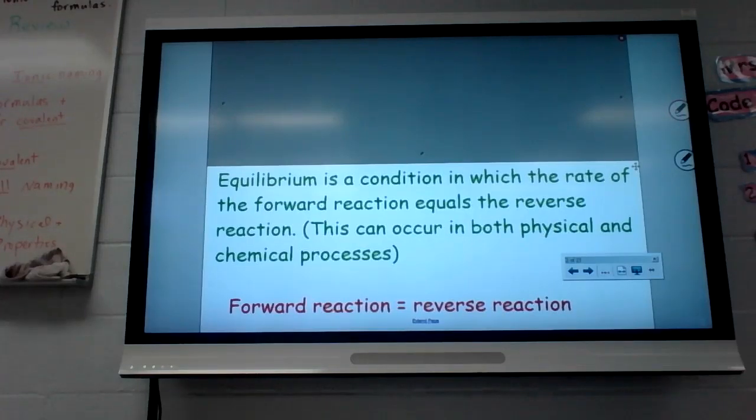An equilibrium is a condition in which the rate of a forward reaction equals the reverse reaction. You need to talk slower because I can't see it. The forward reaction equals the reverse reaction.